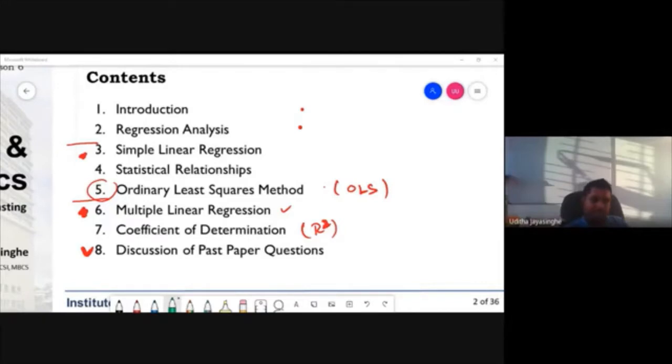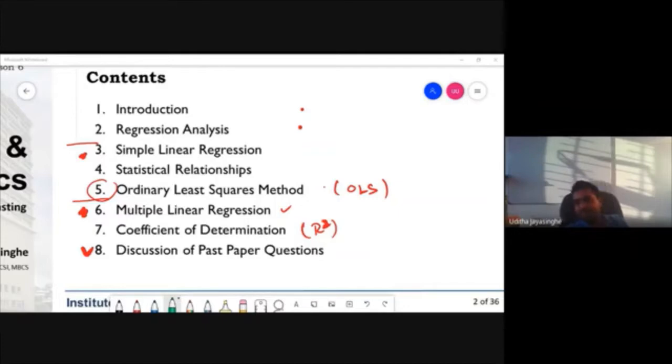There they have used some nice animations and shown how these ordinary least squares methods are computed. Since we are lacking time in this 2 hours, I'm not at liberty to go through those, but let me share some publicly available links with you so that you will have a better understanding of the OLS.